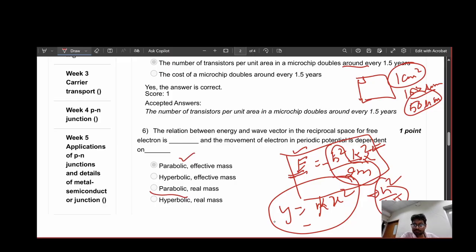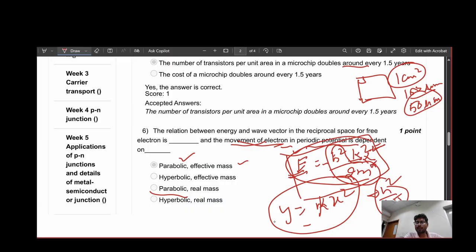Now, the other thing is the movement of an electron in a periodic potential. Whether the potential is periodic or non-periodic, the movement of the electron always depends on the effective mass, not the real mass. So you can calculate the effective mass from E equals h-cut squared k squared by 2 m star.